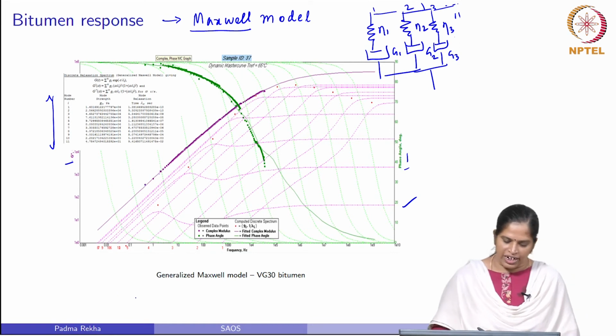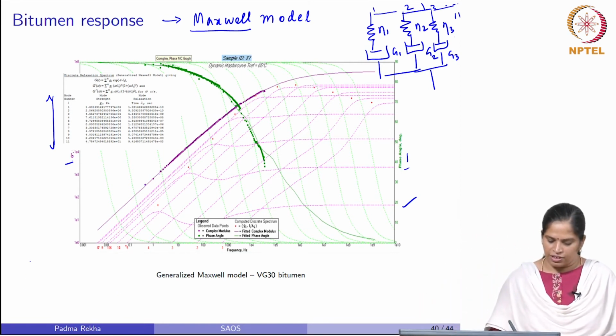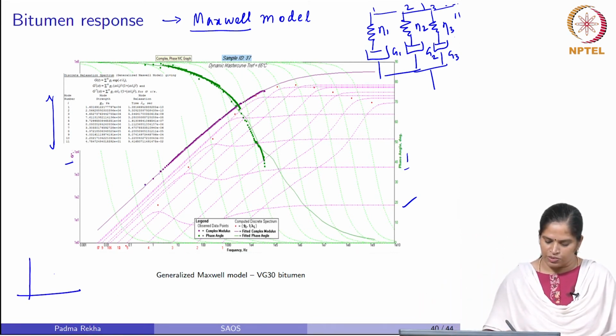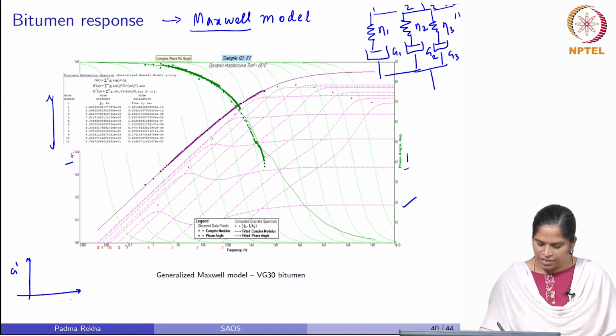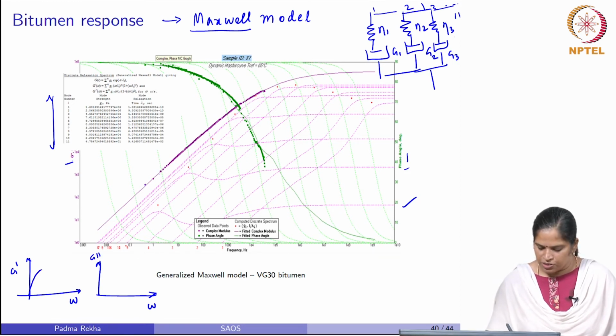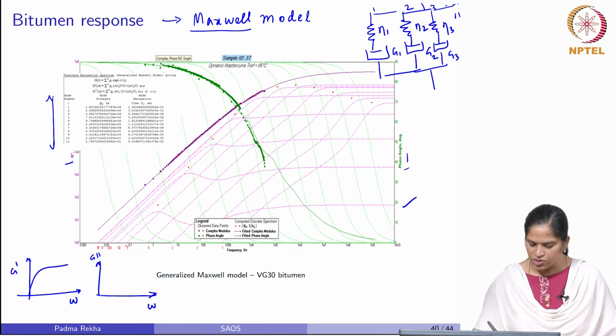So, you know that for a single element Maxwell model, we have seen that the storage modulus and loss modulus response was something like this. Storage modulus increased with the frequency and asymptotically reached a constant value.